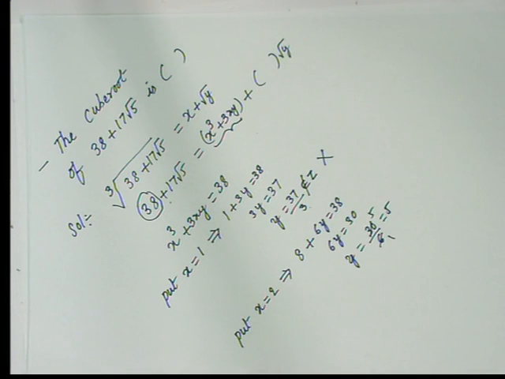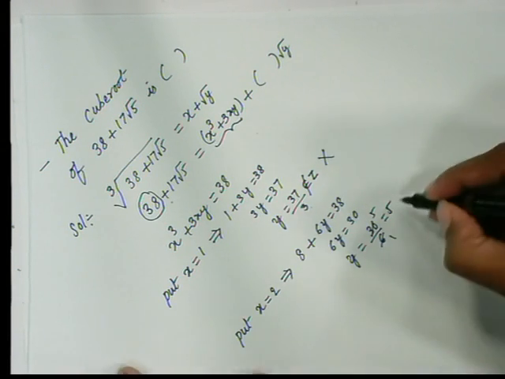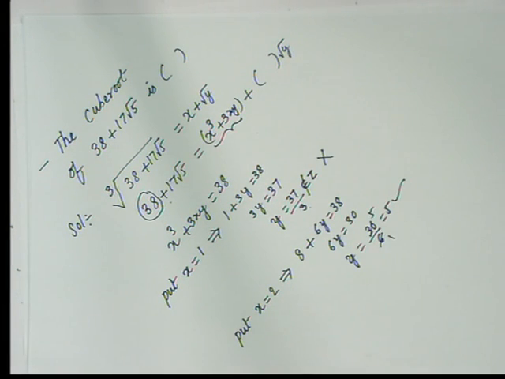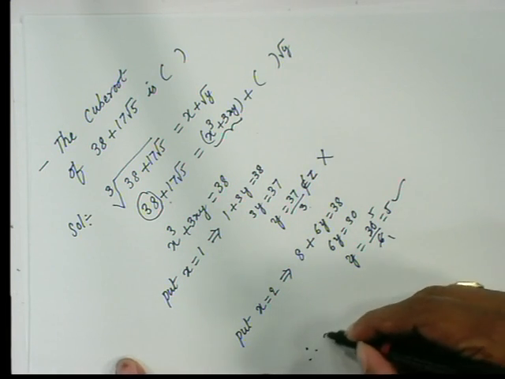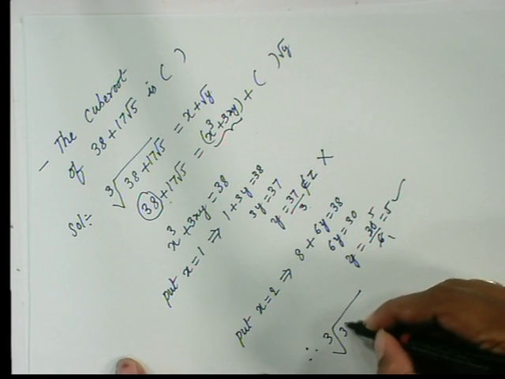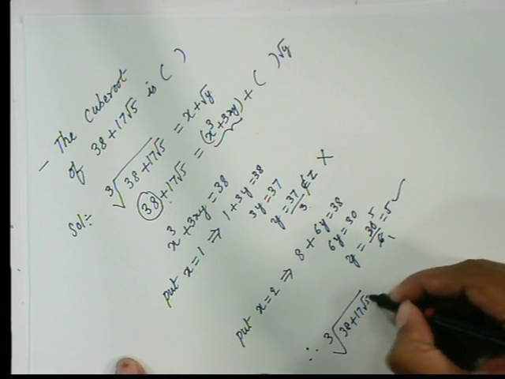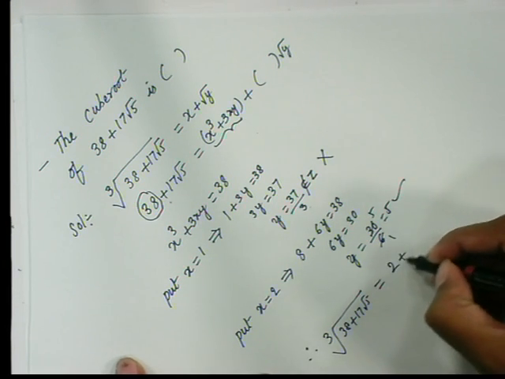Can I stop? Yes, we have to stop here because y is an integer. Yes, absolutely correct. So what is the answer? Here the answer is cube root of 38 plus 17 root 5 is equal to 2 plus root 5.